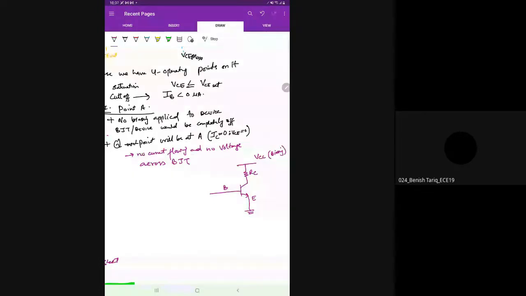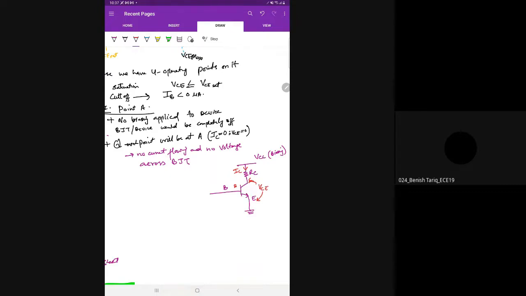अब जब biasing voltage 0 है, तो what is VCE? This is C, this is B, this is E. VCE is voltage between collector and emitter. And IC is the current moving into the collector terminal. So when VCC is 0, that means no biasing is applied.